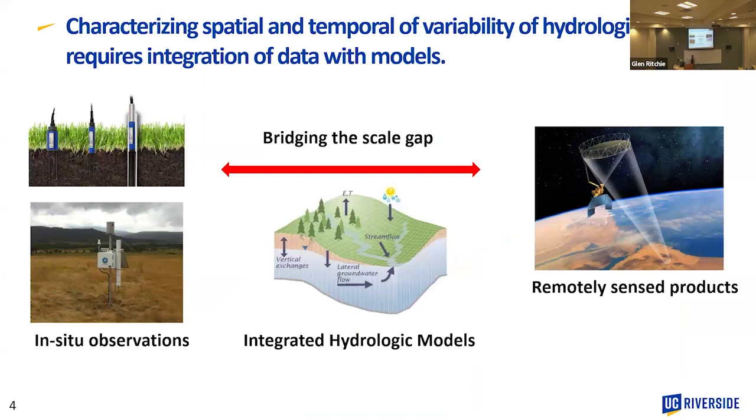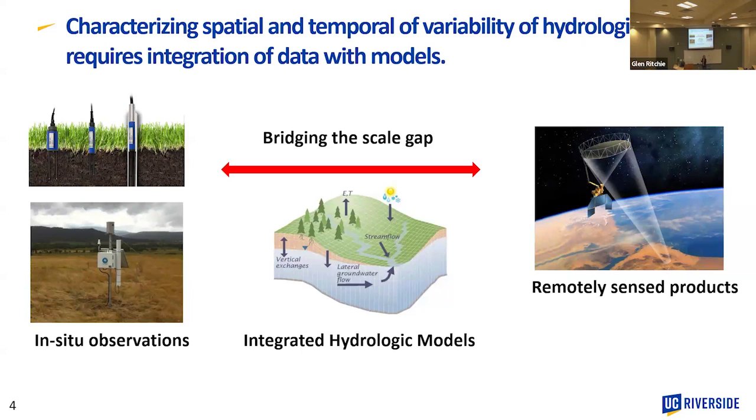the water budget. But no matter whether I'm using in situ observations or satellite data, it's very difficult to characterize spatial and temporal variability of hydrological processes using observations only. If you put in a soil moisture sensor, how representative is it of moisture conditions in the soil system?